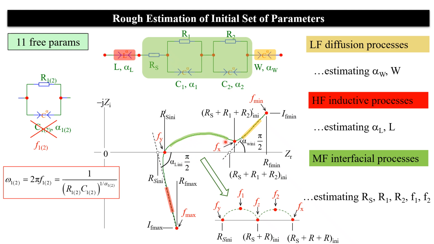Regarding the medium part of the Nyquist curve, that is replaced by a symmetrical curve that consists of two semicircle parts. We identify the boundary frequencies Fy and Fx as intersections of both slopes, as can be seen in the figure, and the point of minimum imaginary part of impedance between the medium frequency and low frequency processes.